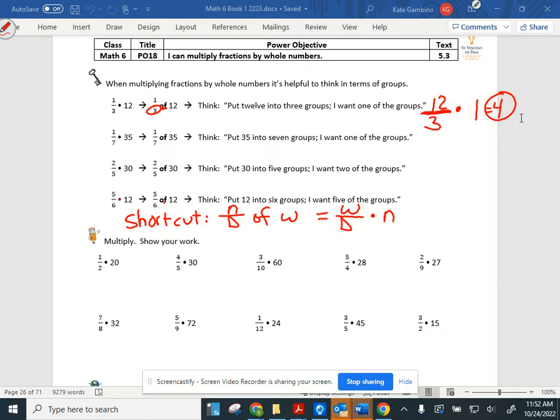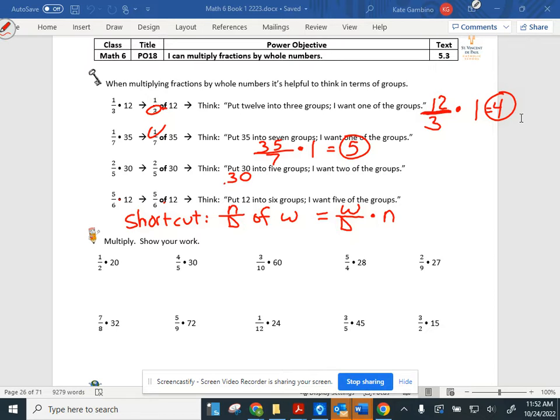Then we have 35 into 7 groups, so that's 35 divided by 7 times 1. So 35 divided by 7 is 5. 5 times 1 is 5. Now we have 30 into 5 groups.